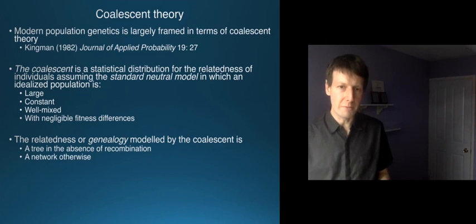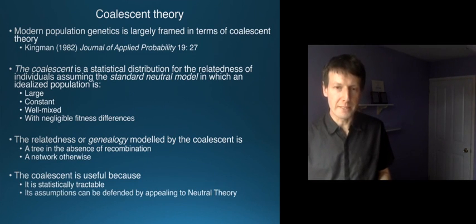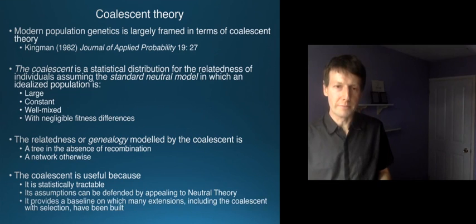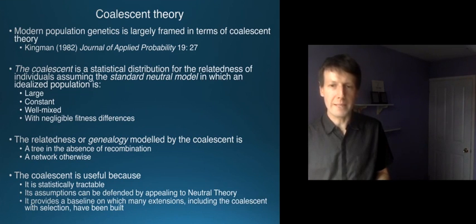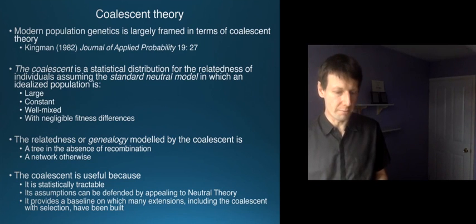So it's a tree in the absence of recombination, otherwise it's a network. And it's useful because not only is it tractable from a statistical perspective, and not only are its assumptions defensible by appealing to neutral theory, but it provides a baseline model on which many extensions, including, for example, coalescent with selection, have been built.